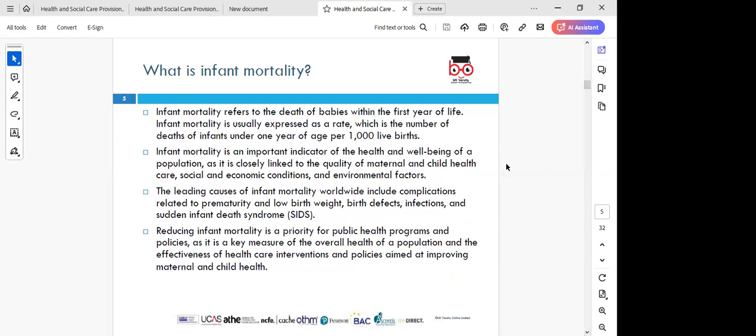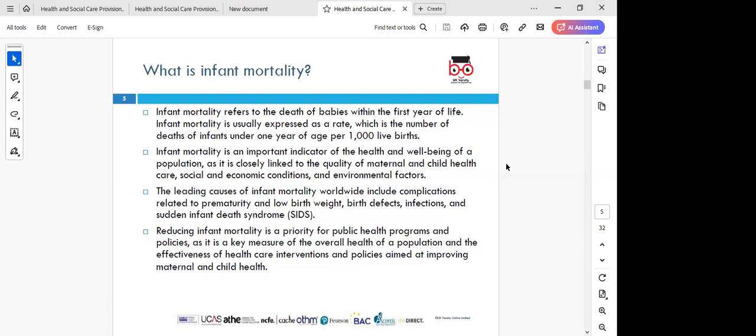Okay, then we also need to look at what we call infant mortality. Whilst we have the general mortality related to death, what then is infant mortality? That relates to death of babies in the first year of life. Infant mortality is usually expressed as a rate, which is the number of deaths of infants under 1 year of age per 1,000 live births.